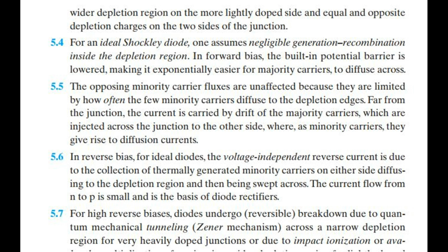5.6 In reverse bias, for ideal diodes, the voltage-independent reverse current is due to the collection of thermally generated minority carriers on either side diffusing to the depletion region and then being swept across.